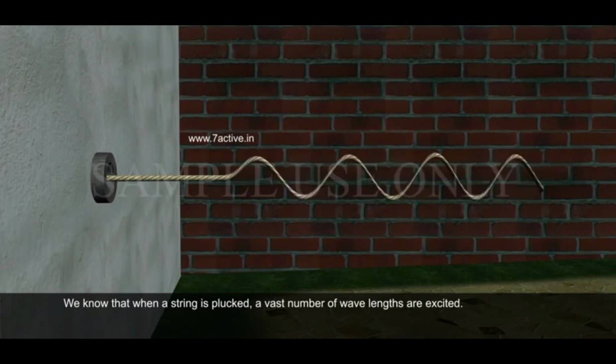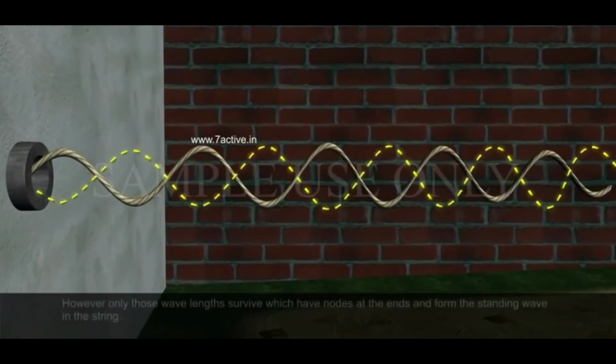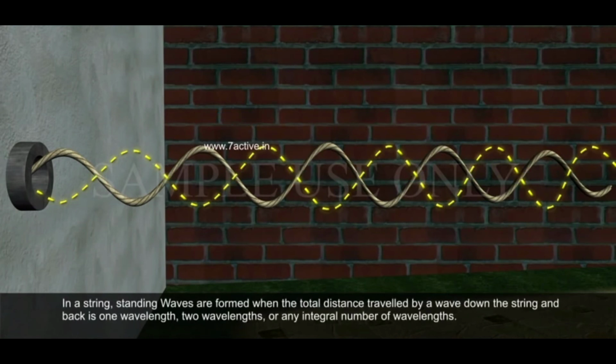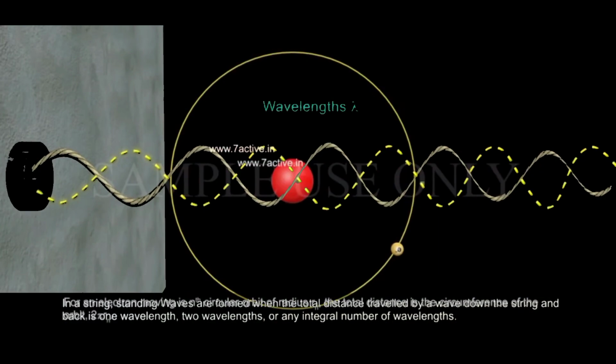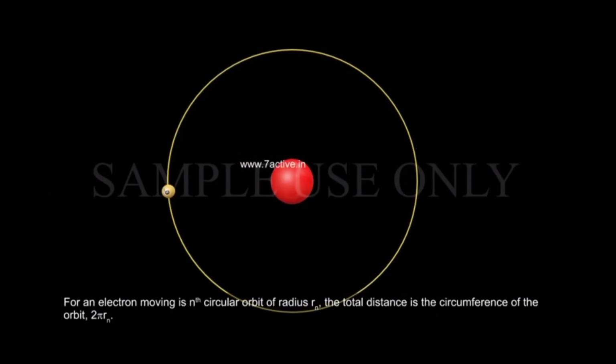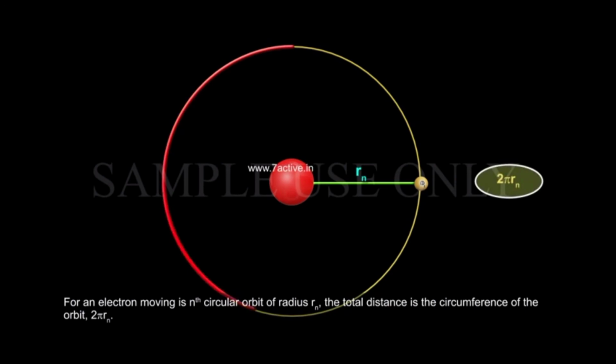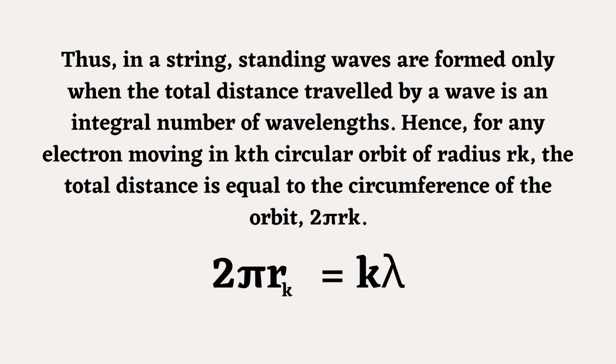On the other hand, we know that only those wavelengths survive which form a standing wave in a string, that is, which have nodes at the ends. Thus, in a string, standing waves are formed only when the total distance traveled by a wave is an integral number of wavelengths. Hence, for an electron moving in the kth circular orbit of radius r_k, the total distance is equal to the circumference of the orbit, or 2 pi r_k.